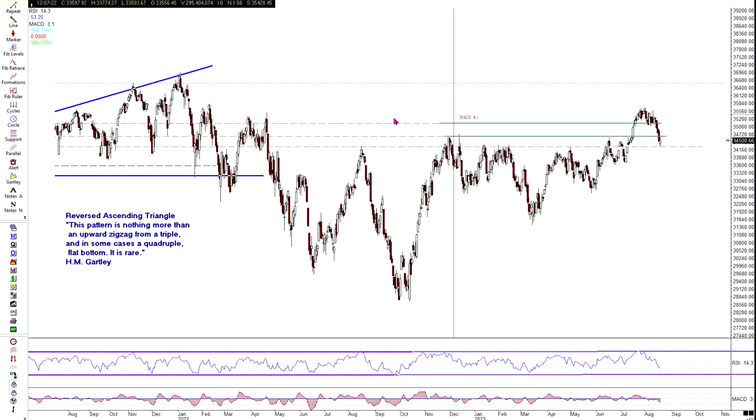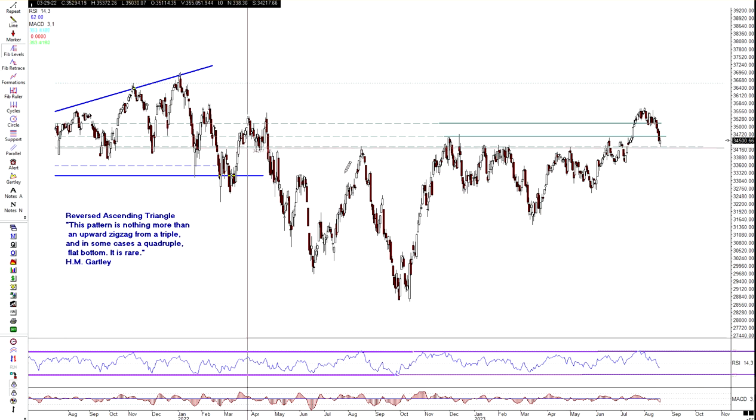You can see all the way back into these levels from 2021, 2022. So right here where this dashed line is, you can see how that is coming across to what was previous resistance that the market was able to get above, and now it's back here testing that level.